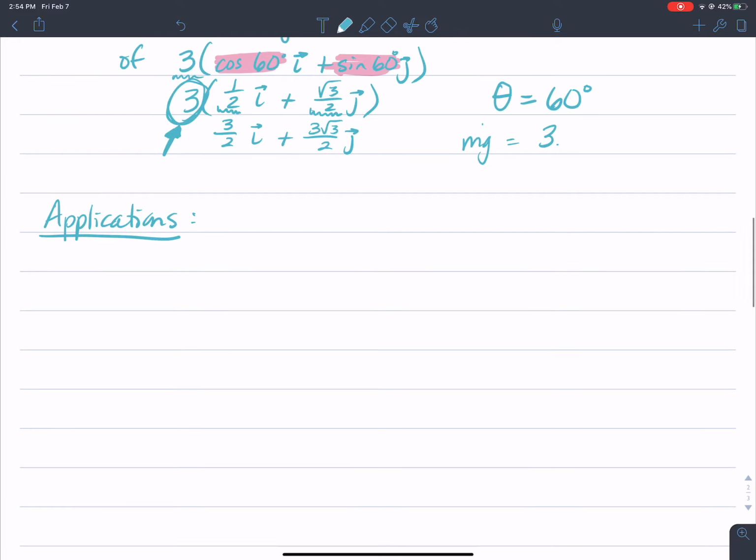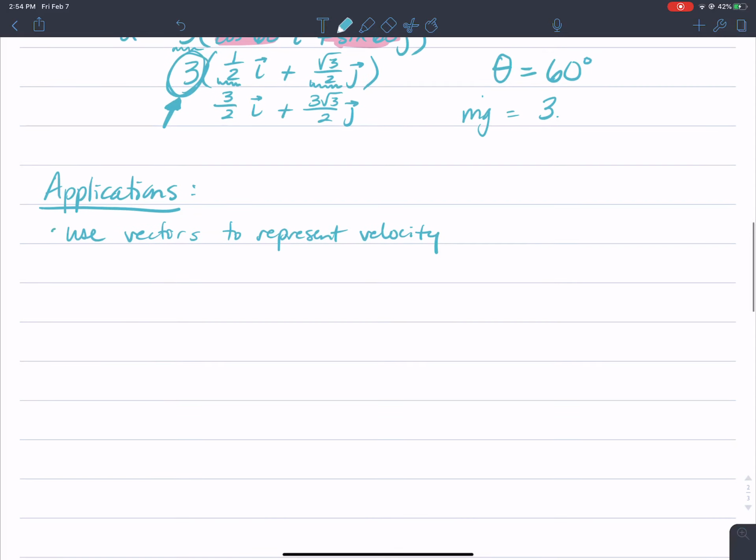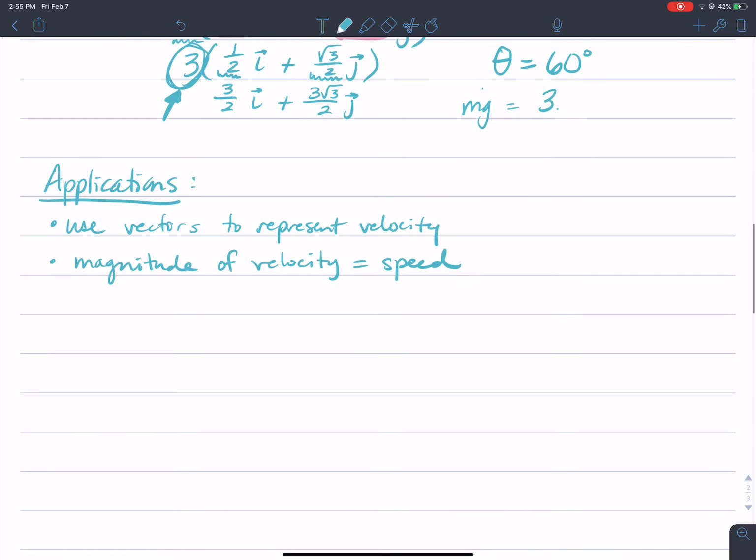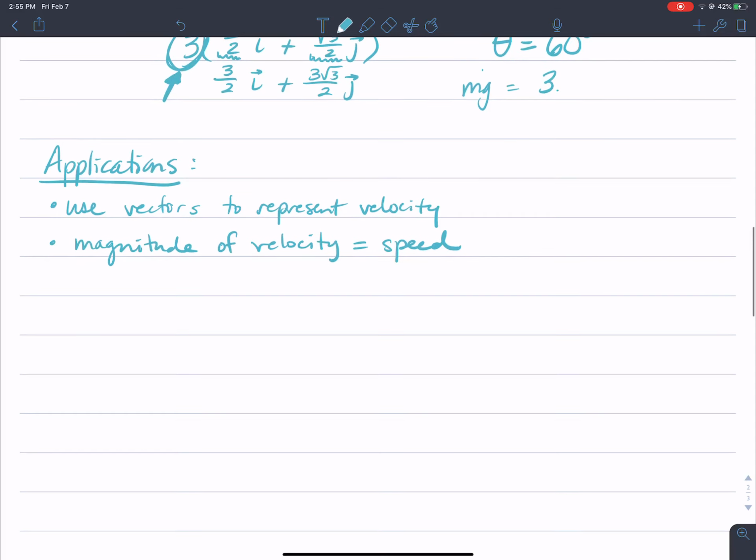Okay, so we're going to use vectors to represent velocity. Okay, the magnitude of that is going to be the speed. So anytime they talk about speed, they're really helping you get the magnitude of the vector.